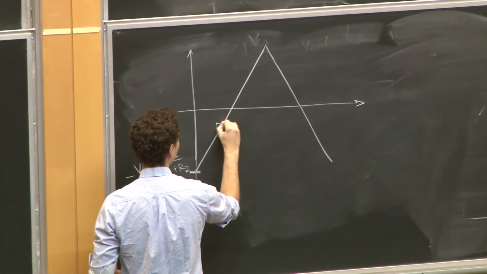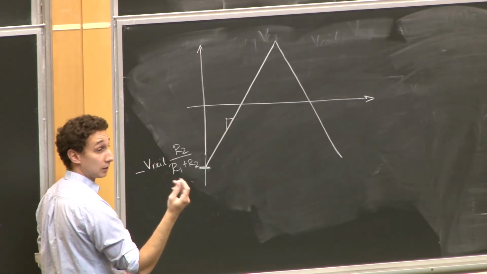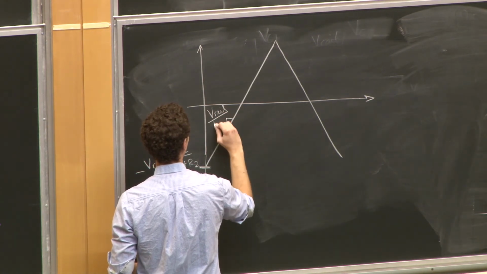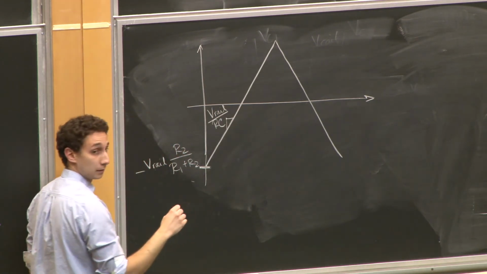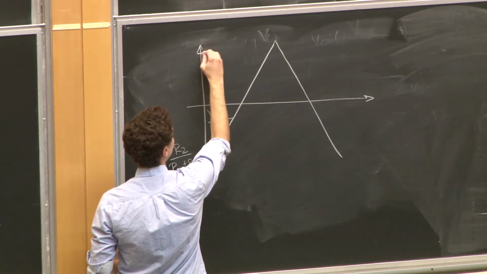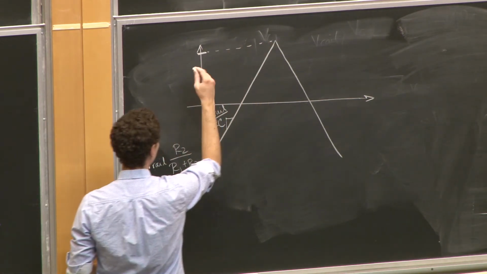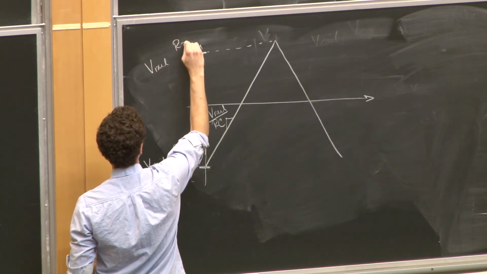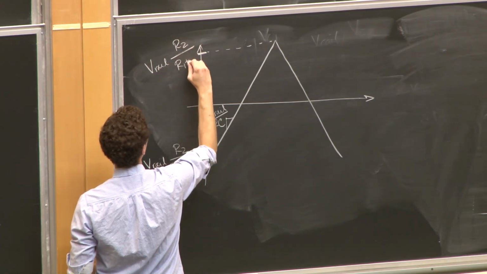I have some slope that I know. The slope of this is Vrail divided by RC, and the voltage that I get to up here is positive Vrail times R2 over R1 plus R2.